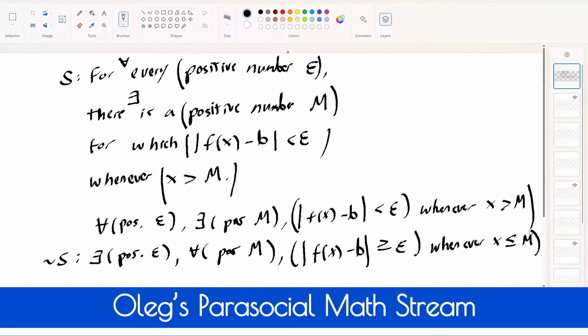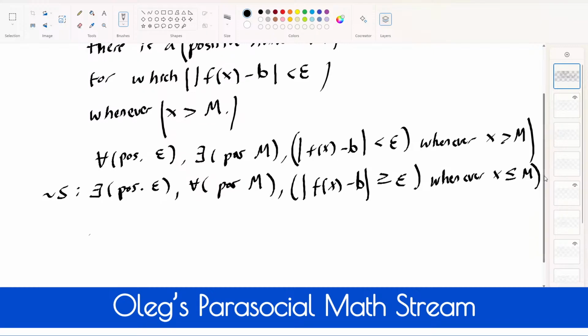Okay, but so here's the thing. They wrote it out fully in the math. I first want to know if I answered it correctly. Working out the negation, there exists positive epsilon for all positive m, and we're going to say not x is greater than m, implying the function of... let me see, hold on here.